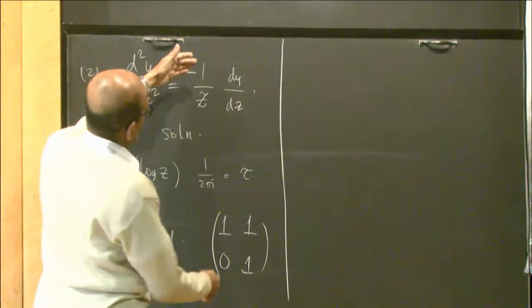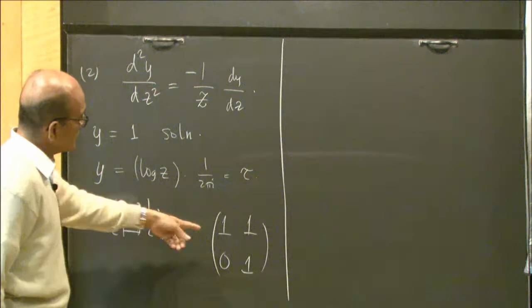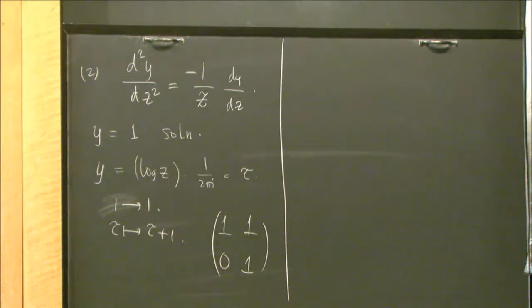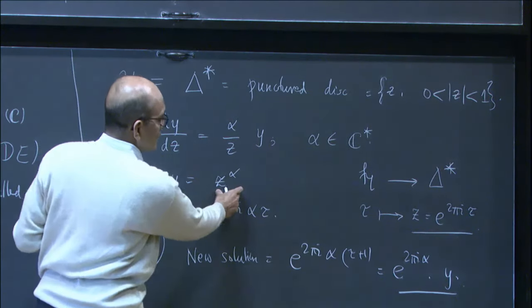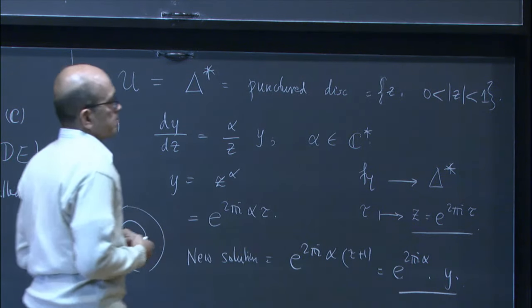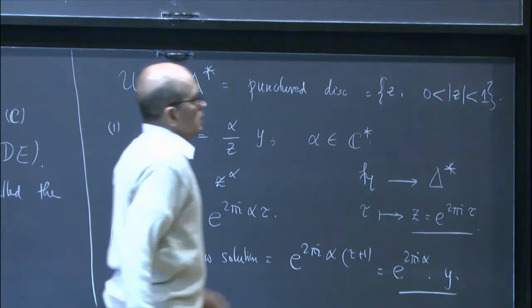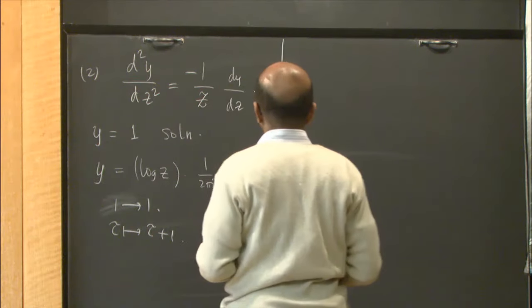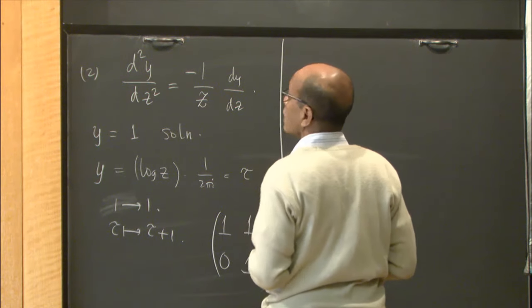So whenever you have these log singularities, you should expect a unipotent group. Whenever you have this kind of singularity, you expect a semi-simple element. So the notion that I want to talk about is important for what follows. So let me say it.